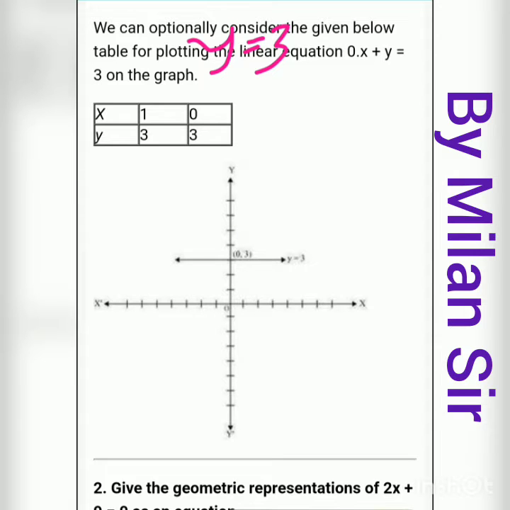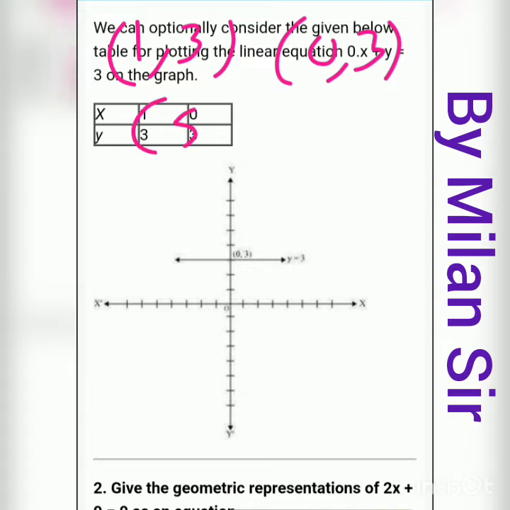If you take x = 1, you still get y = 3. If you take x = 0, you get y = 3. If you take x = 5, you get y = 3. Here y is independent of x, it has the fixed value 3. You can take any x, but you have the same value of y, which is 3.